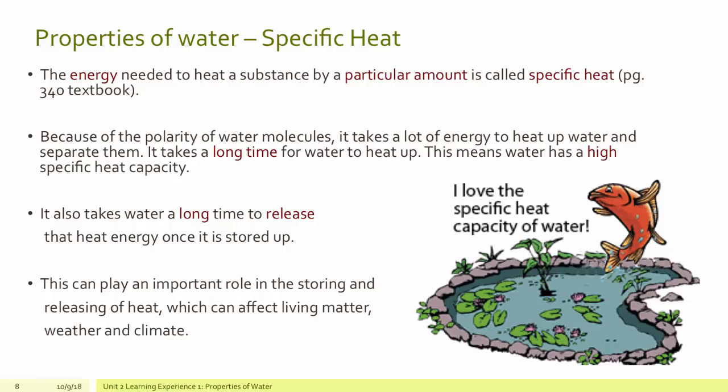Thankfully for the fish, they're not going to boil up and die. But also, when it starts to cool off in the winter, the land will lose that heat really fast. So you'll notice the land is actually colder than the water. It also helps regulate the temperature in the water so things that live in the water don't die.